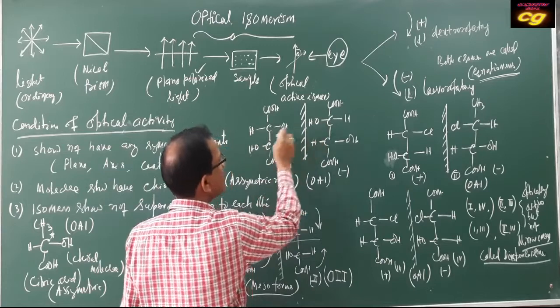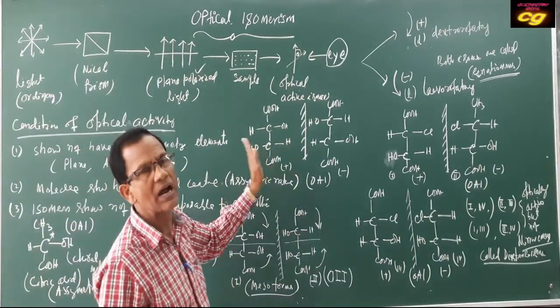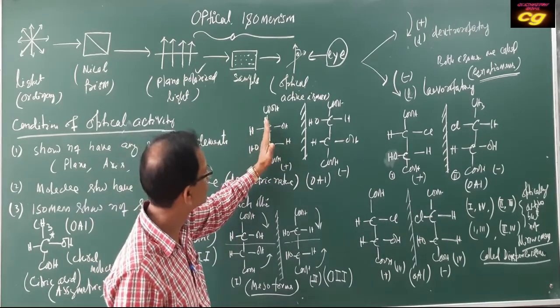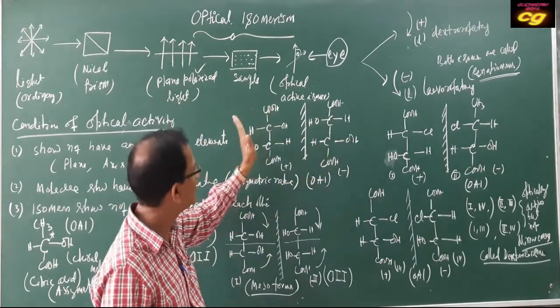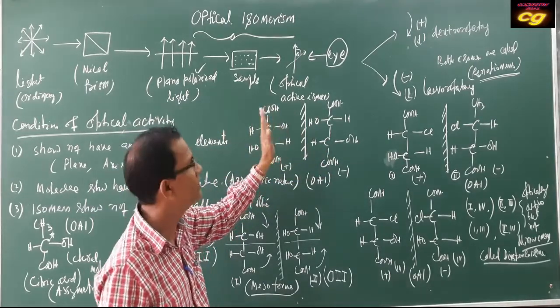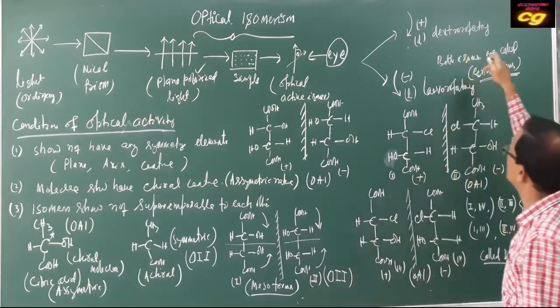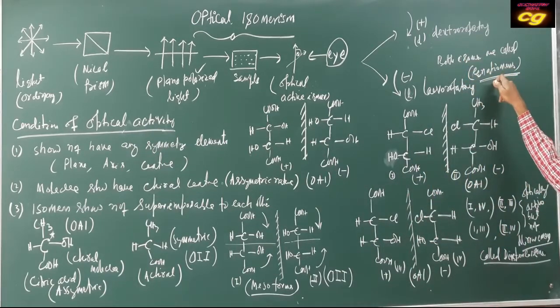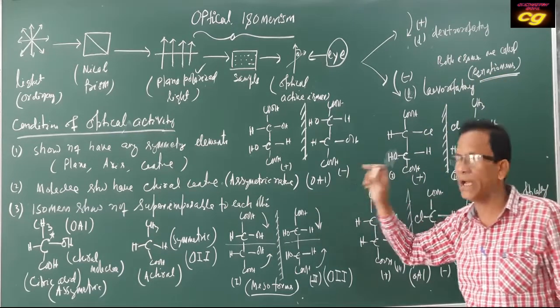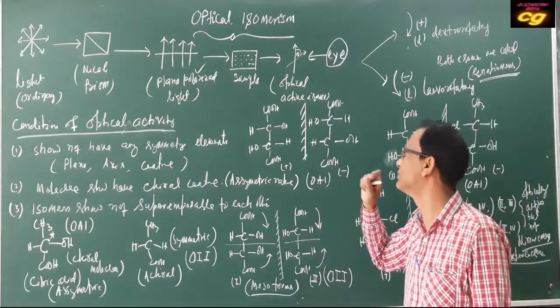And these two isomers are optically active and mirror images, because one just looks like the opposite of the other. If one is the mirror image of the other, these are called enantiomers, and these enantiomers are optically active isomers, OAI for short.